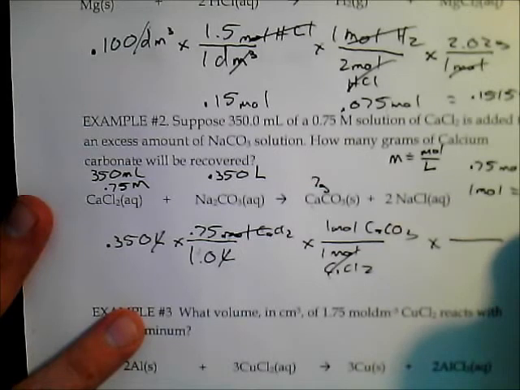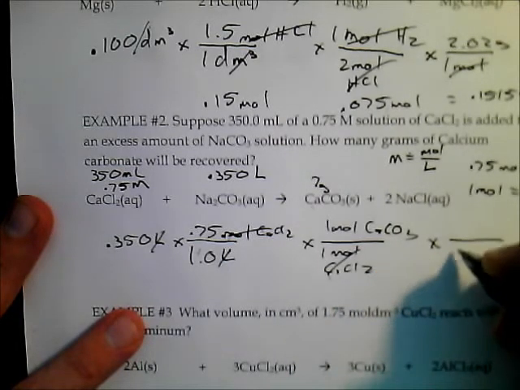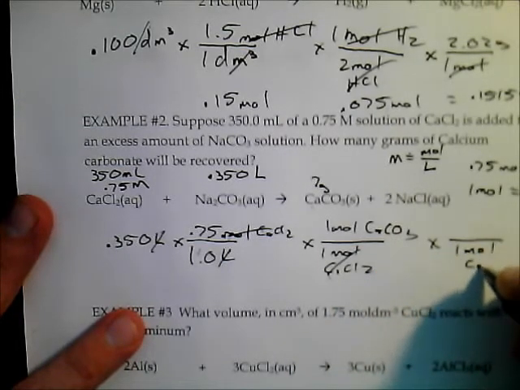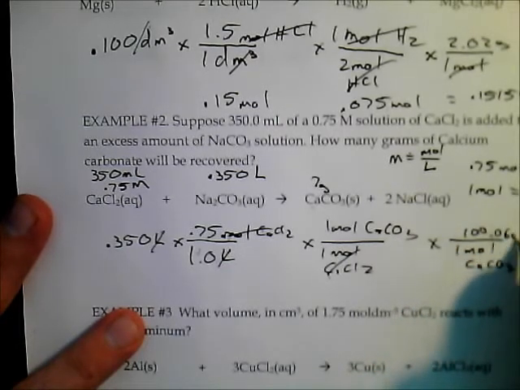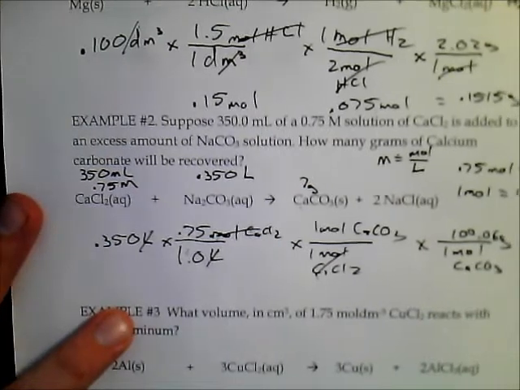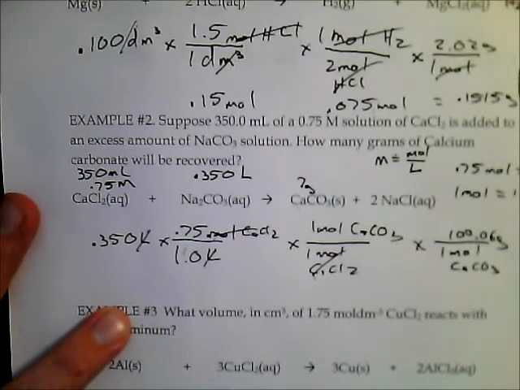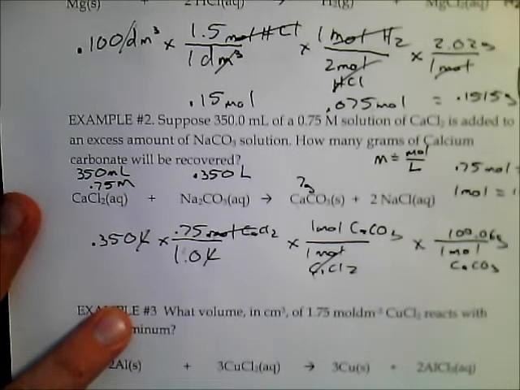We'll call it 100.06 is about what I came up with. So there's my conversion factor from converting grams to moles. And there we have it. Now it's just a matter of actually solving this out.